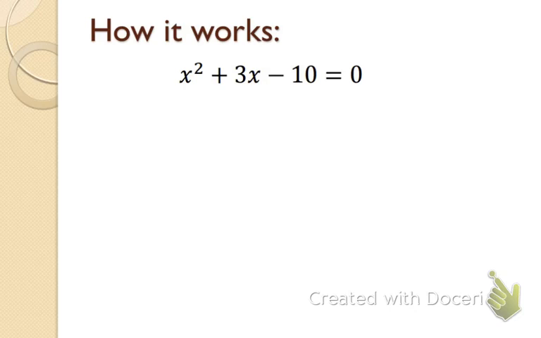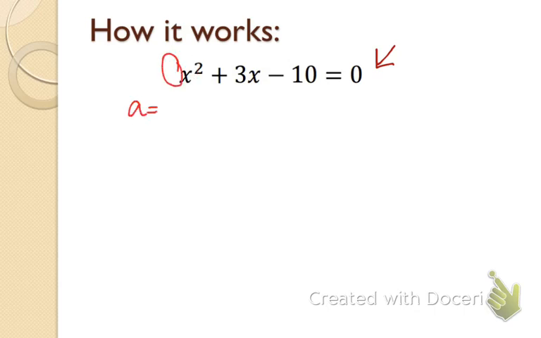One thing you have to keep in mind is that when using the quadratic formula, the quadratic must be equal to 0. That's the one condition. From there, just identify a, b, and c. So we have a, which is the value in front of the x squared term.